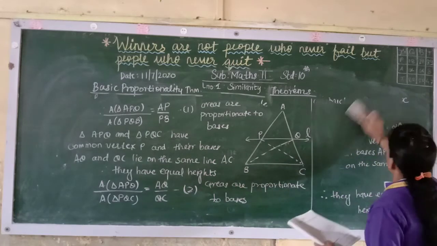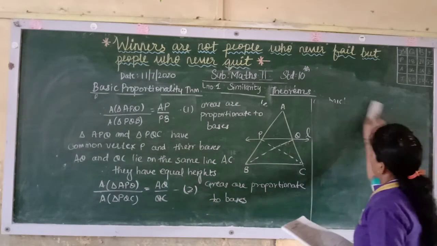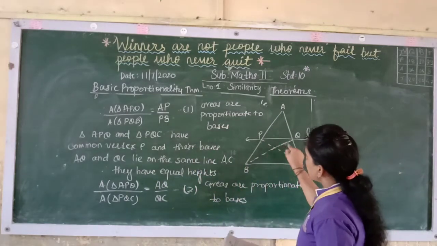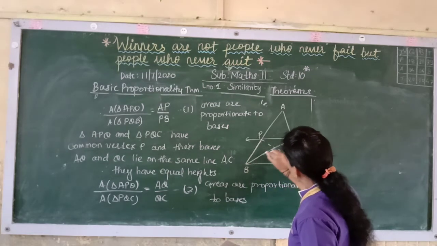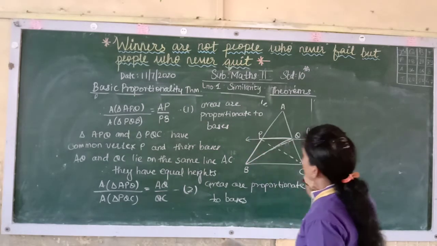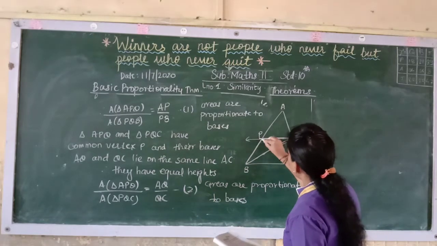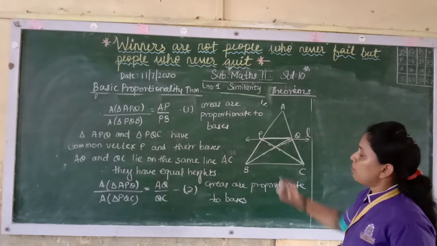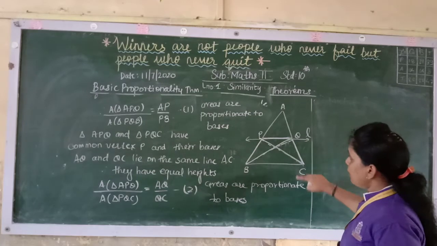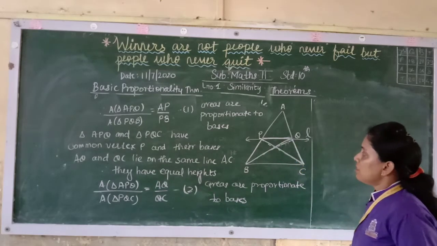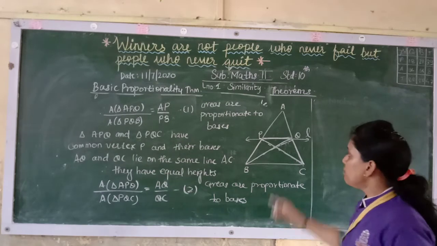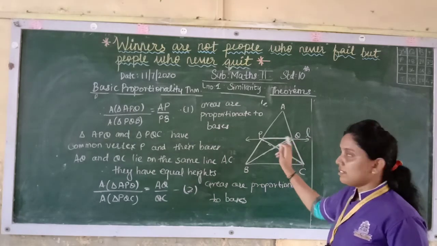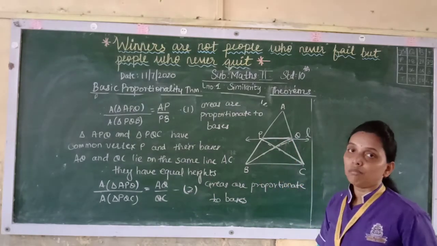Now here, these two things are clear. Now see these two triangles, that is PBQ, or what we have taken as PQB, and PQC. Now if you see, both the triangles have common base PQ, and as PQ is parallel to BC, they lie between the same two parallel lines, so the height will be constant. So height is also equal and base is also equal, so both the areas will come equal.